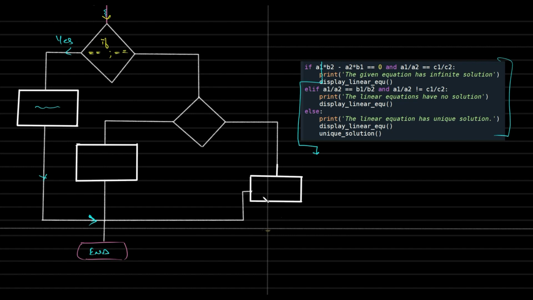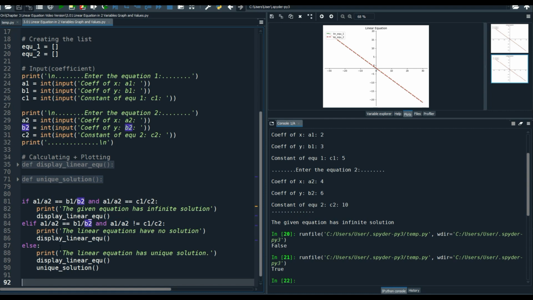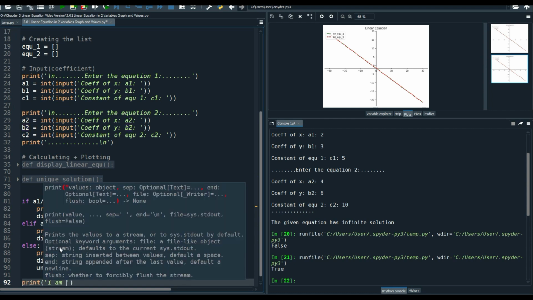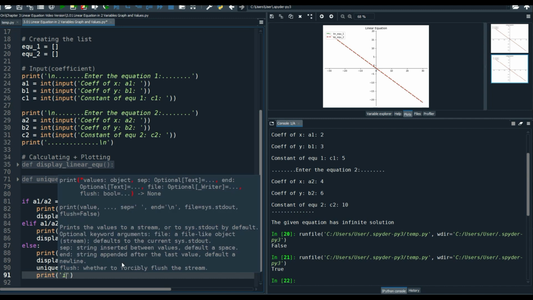Okay, so that I can show you. Print "I am outside". So here I'll make print "I am in else".